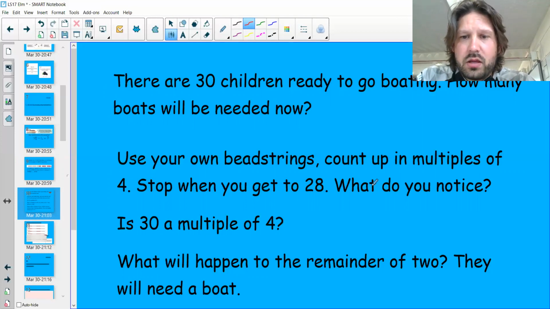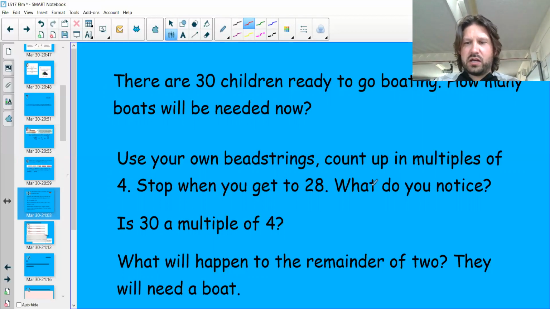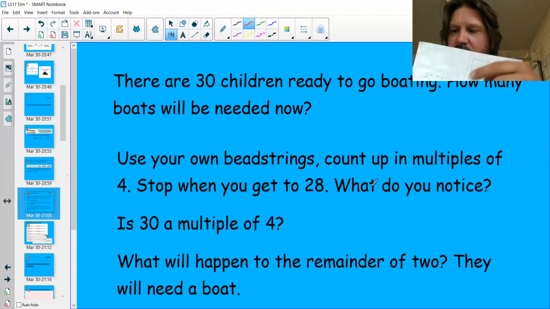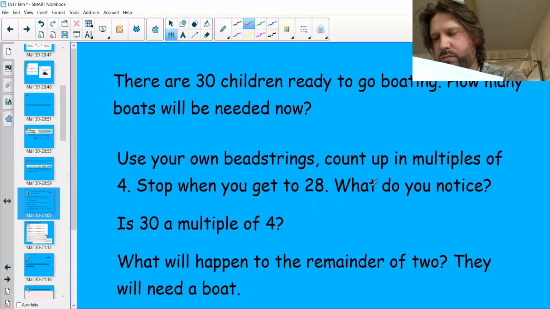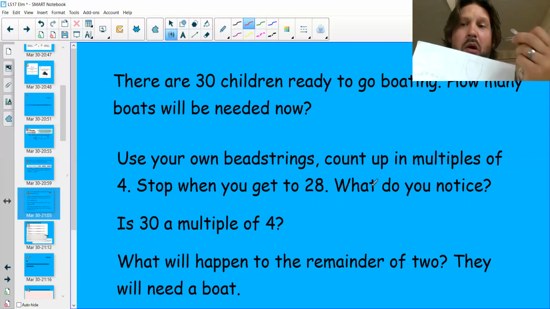So when you get to that amount, you've got to decide. 28 go into boats. What happens to the last 2? The last 2 will still need a boat, but the boat won't be full.